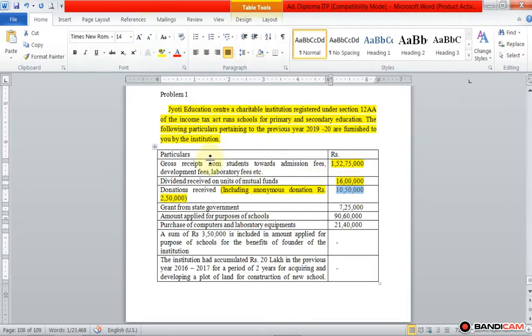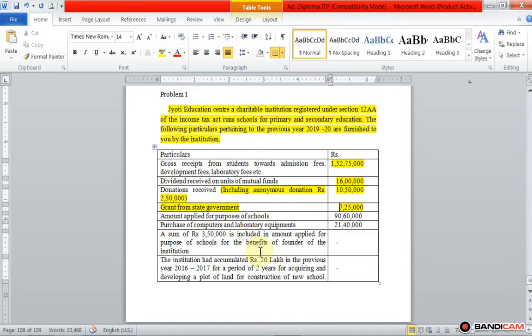So here 10,50,000 includes 2,50,000 as anonymous donation. Then grant from state government. A grant from state government is also income of the charitable organization, amounting to rupees 7,25,000.